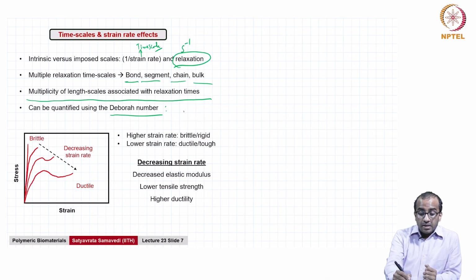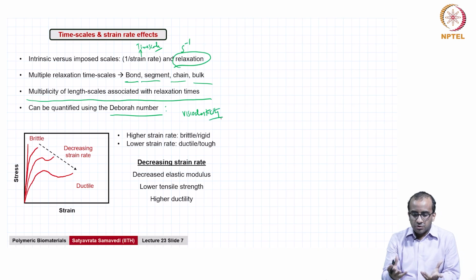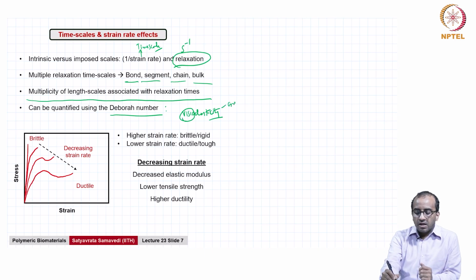But if you have viscoelasticity, which is what you will see in many polymers, now this will start introducing time dependent mechanical properties. Two manifestations of those which you will see later are creep and stress relaxation.